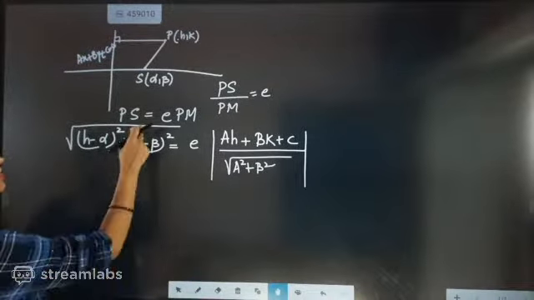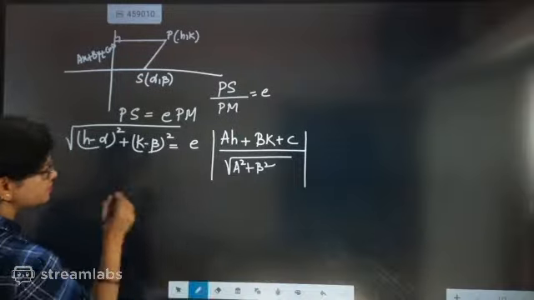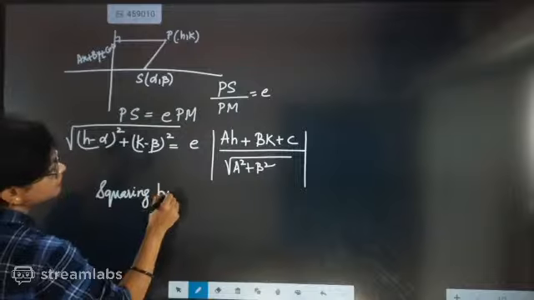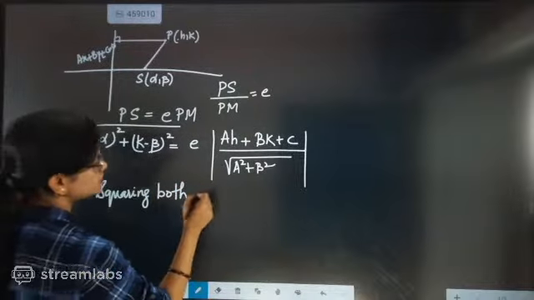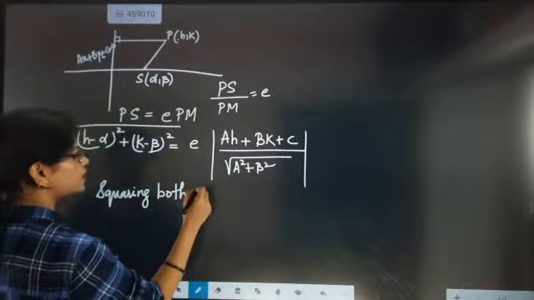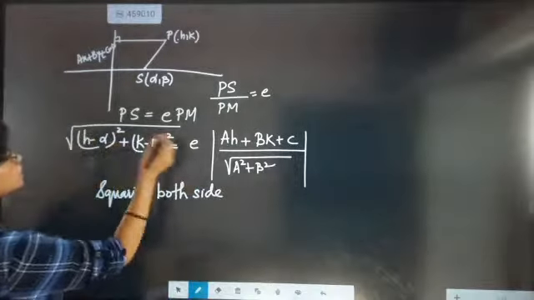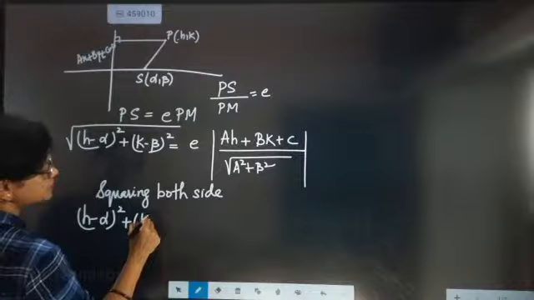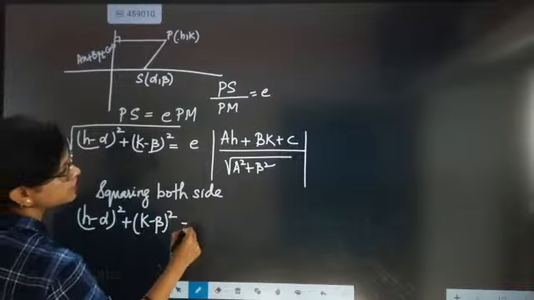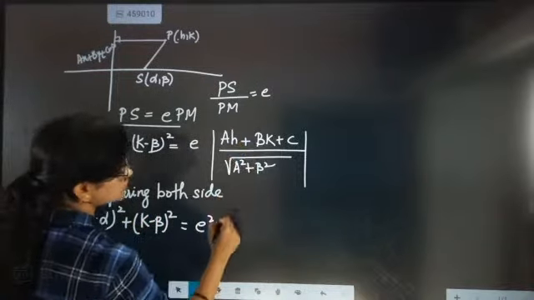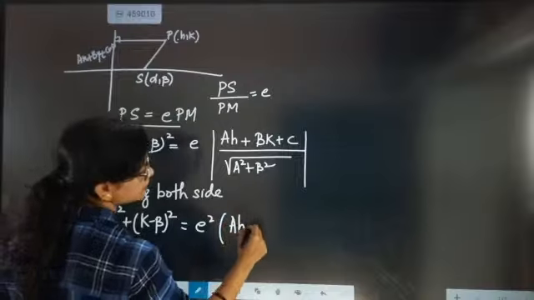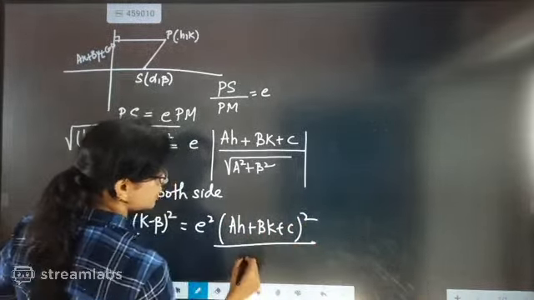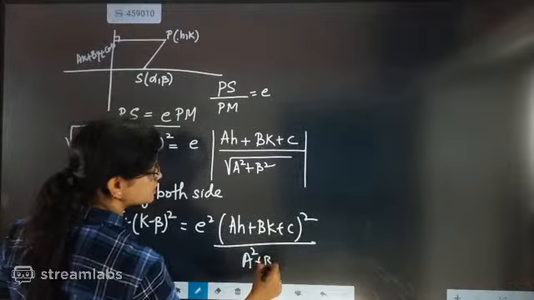This root is there, so squaring both sides, we get the conic section equation. Squaring both sides, h minus alpha whole square plus k minus beta whole square equals E square times ah plus bk plus c whole square by a square plus b square, and the root goes.